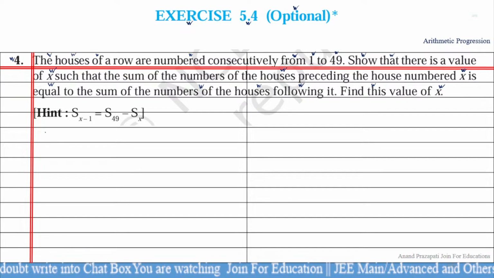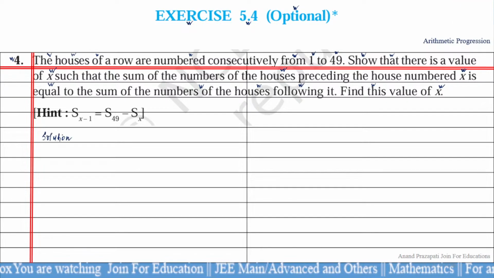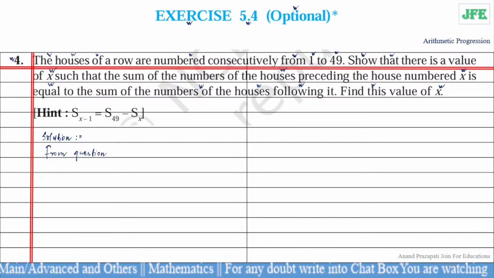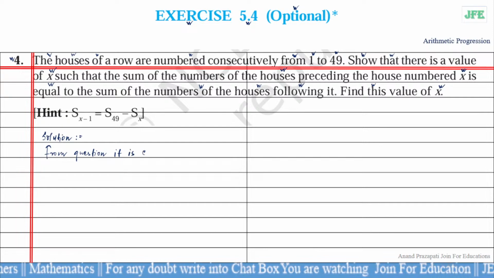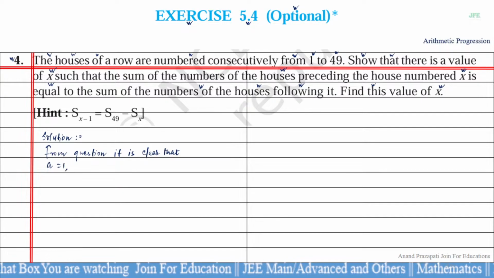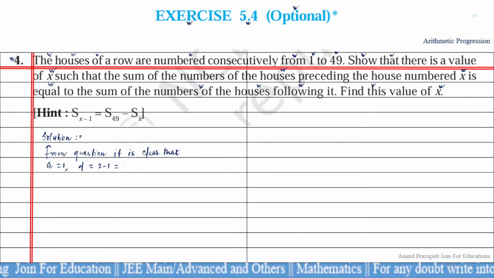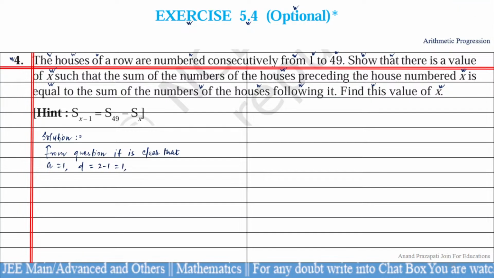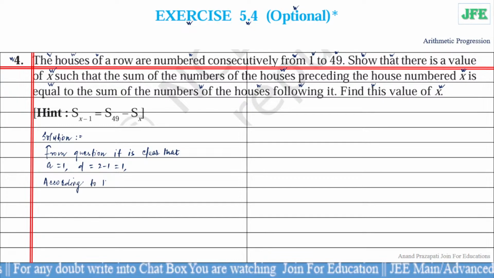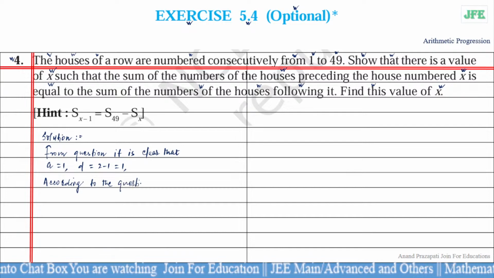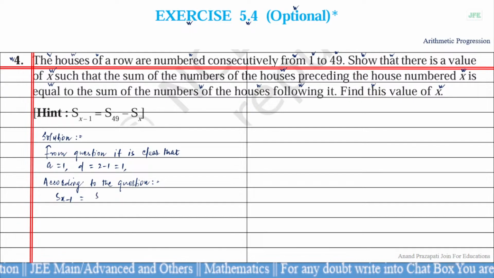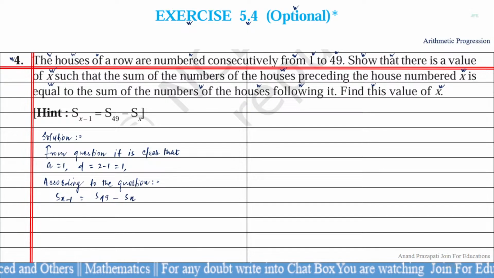Let's see the solution of this question. From question it is clear that a equal to 1 and d equal to 2 minus 1 equal to 1, and according to the question it is clear that S(x minus 1) equal to S49 minus Sx.